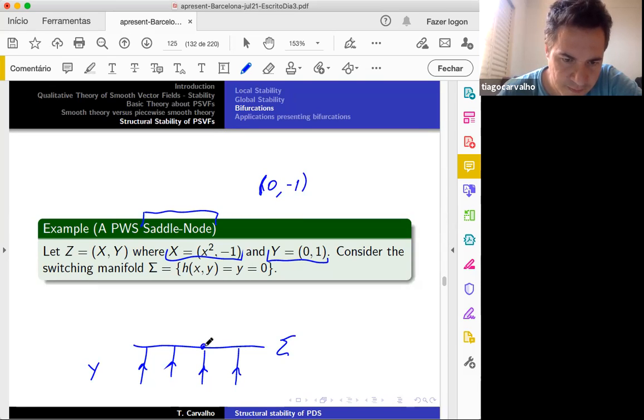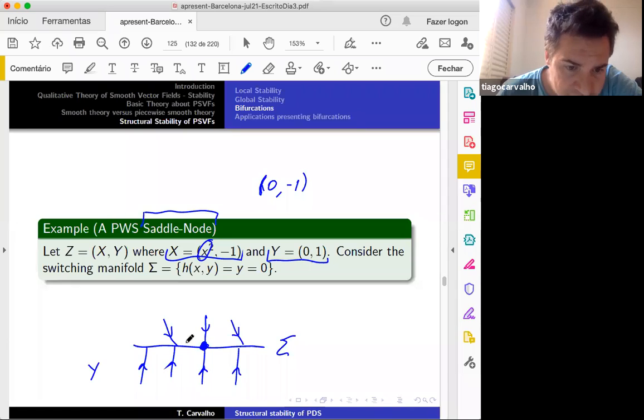Okay, so we have here a pseudo-equilibrium, and for x non-zero, this first coordinate is positive, and the vector field has this phase portrait.